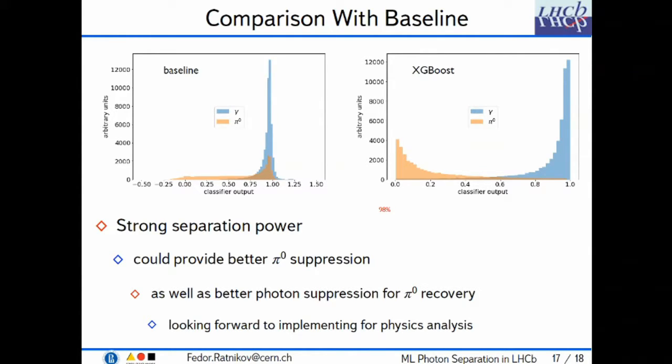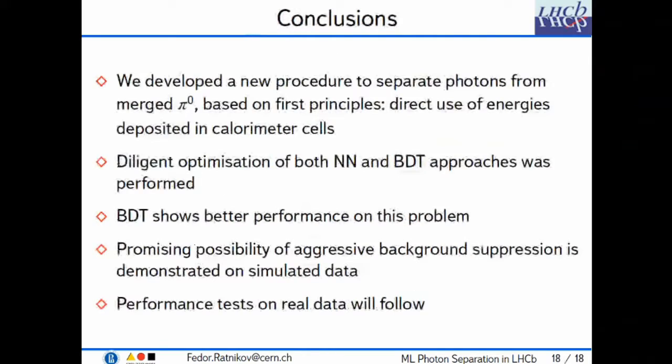As a result, we could in principle provide better pi-zero separation, or the other way around, we can better suppress photons if we are interested in physics with pi-zeros. Of course, this is a pure Monte Carlo result, and the final figure of merit is the result of tests on physics data, which makes such a test pretty tricky.